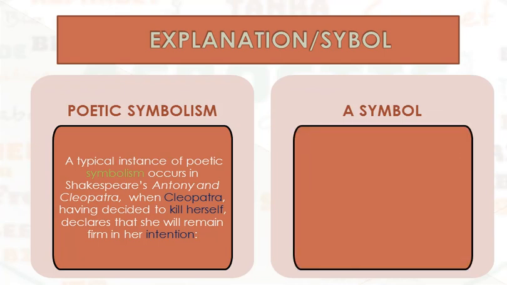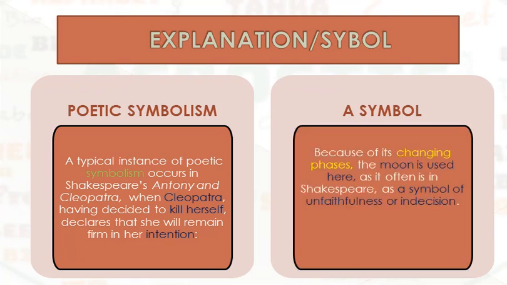So the symbol here is, as I have just said, the moon. Because of its changing phases, the moon is used here, as it often is in Shakespeare, as a symbol of unfaithfulness or indecision, because it is changing. So Cleopatra is saying that it is inappropriate to her mood of determination.